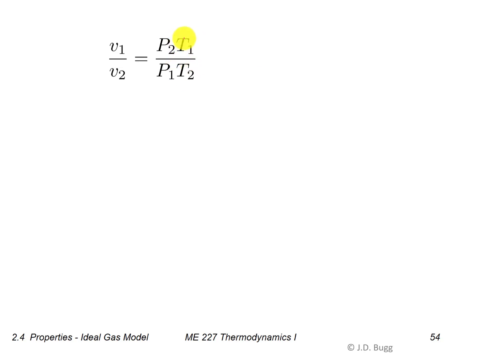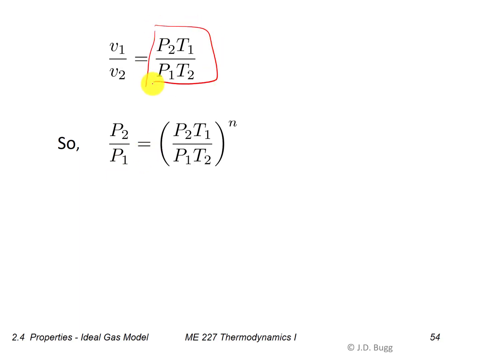Remember, these temperatures have to be in Kelvin. Now we're going to take that and substitute into the polytropic expression. So P2 over P1 is equal to, we've just put that in where V1 over V2 used to be. Now this is an equation that combines the polytropic process with the ideal gas law.